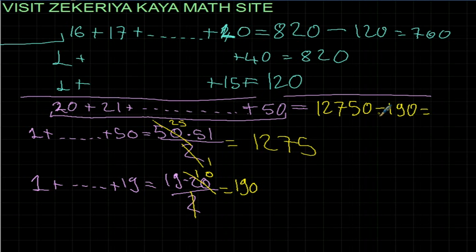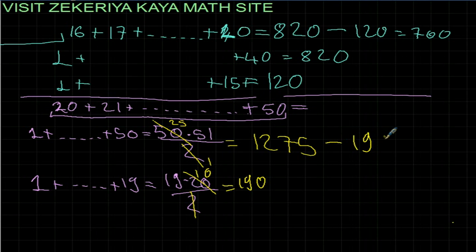So what? Listen. Can I move it forward? No, I cannot move it forward. It was 1275 and minus 190.